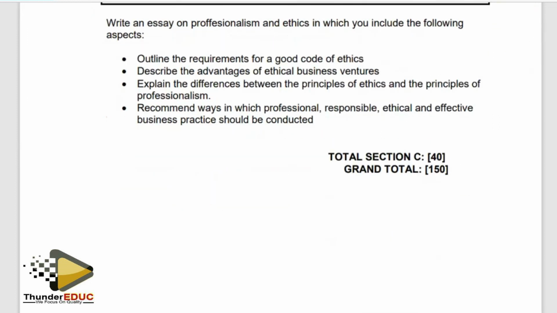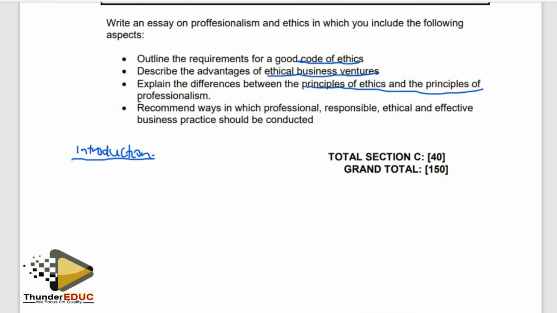You are supposed to start with introduction. You write the word introduction on your answer sheet. After writing the word introduction, underline it at least. Look for keywords here. Code of ethics. On this question, advantages of ethical business ventures. Explain the differences between the principles of ethics and principles of professionalism.